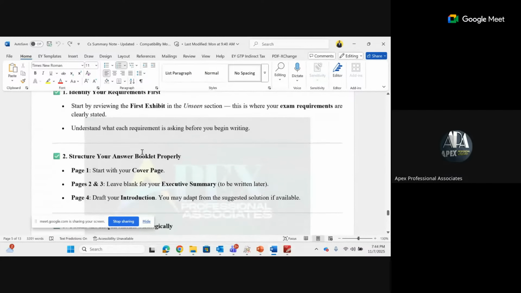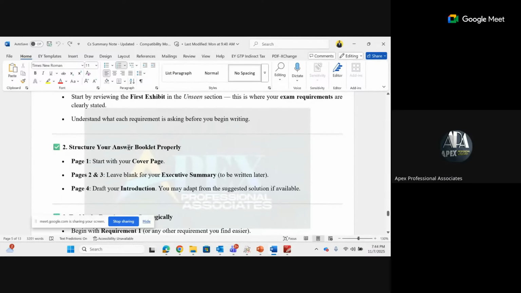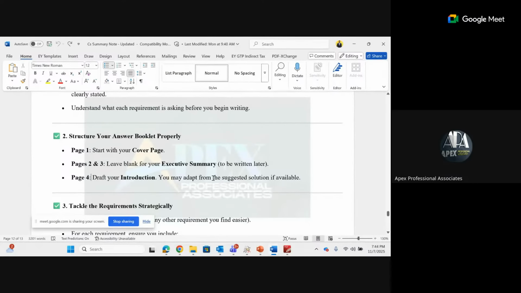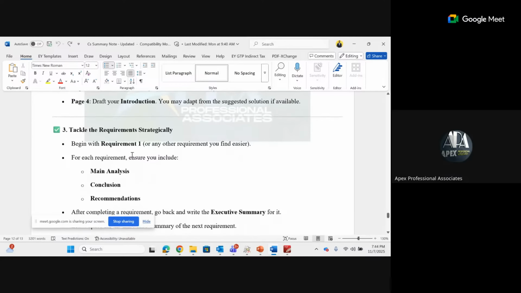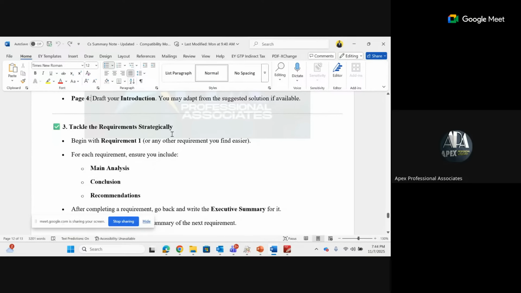This step is guiding us. It says 2, structure your answer booklet. Start with your cover page. Leave blank. Page 2 and 3, leave blank for your executive summary to be written later. Page 4, draft your introduction. You may adapt the suggested solution if available. Then the next thing is to tackle the requirements strategically.